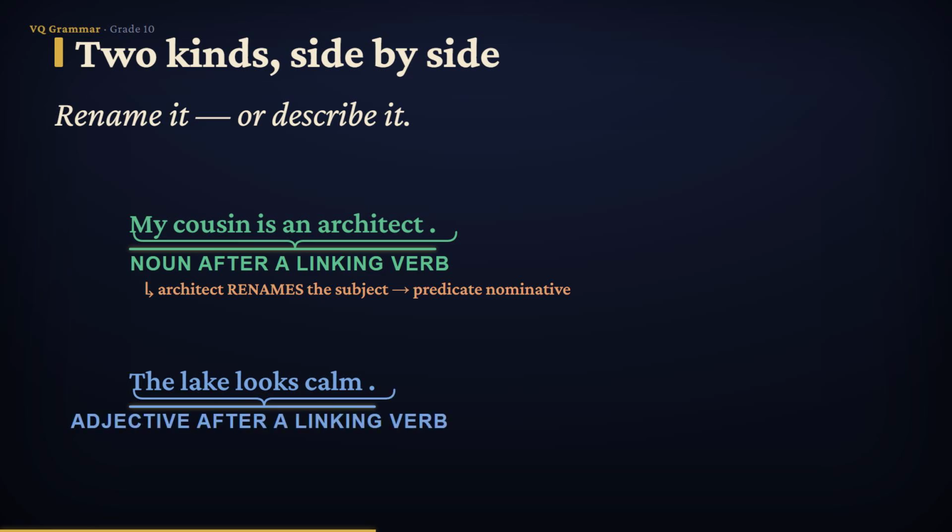Looks is linking here. The lake isn't looking at anything, it's just being described. On the far side sits calm, which is an adjective. It doesn't rename the lake, it describes it. So calm is a predicate adjective. Noun or pronoun means nominative. Adjective means adjective. That's the whole difference between them.